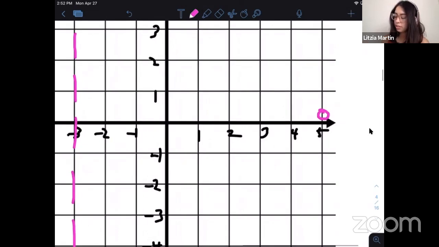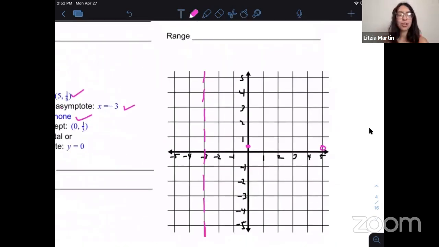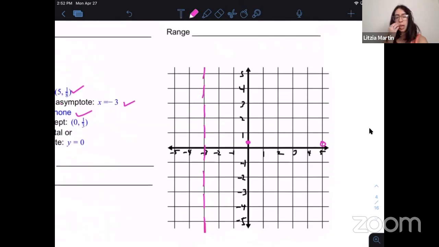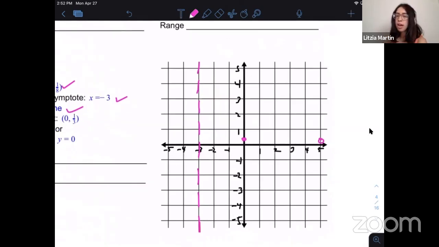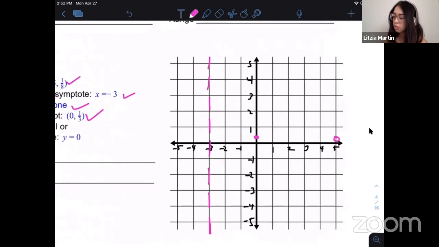So again, I'm going to do a little rough estimate. Let's say that is 1/3, right there. Okay. So clearly this is not fully drawn to scale, but that's fine. We get the idea. So there's (0, 1/3). And then we have a horizontal asymptote at y equal to 0. So that's going to be right on the x-axis there.